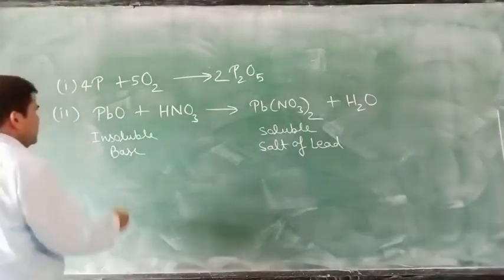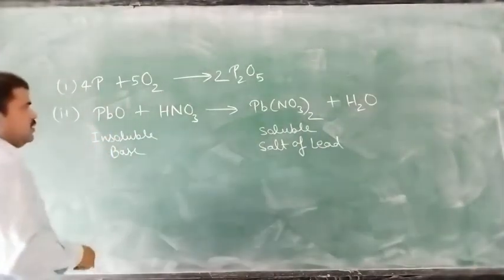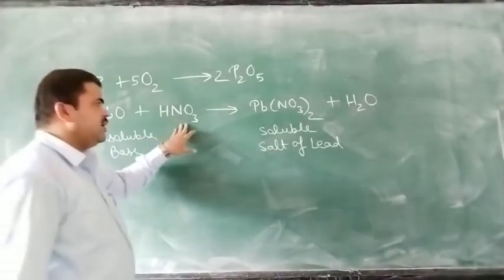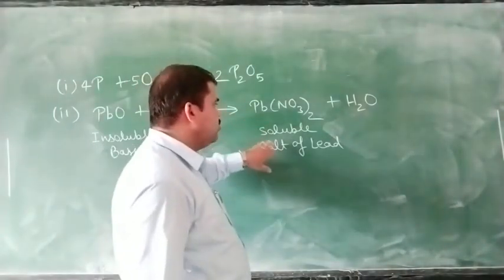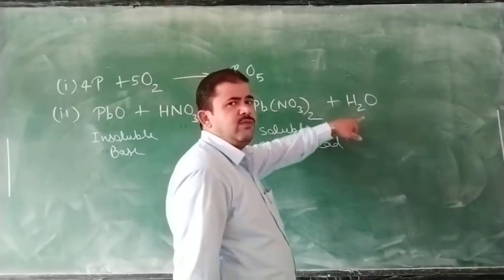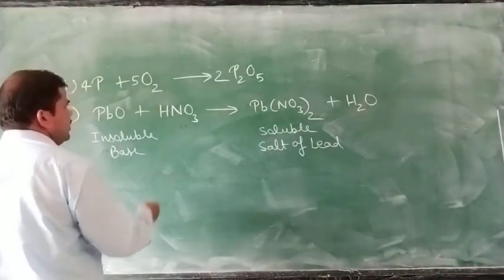So here we can see lead monoxide. This is the insoluble base. This cannot dissolve in the water. Insoluble base reacts with the nitric acid. We get the soluble salt of lead, that is lead nitrate and water. So this is the neutralization reaction, and after this we balance.